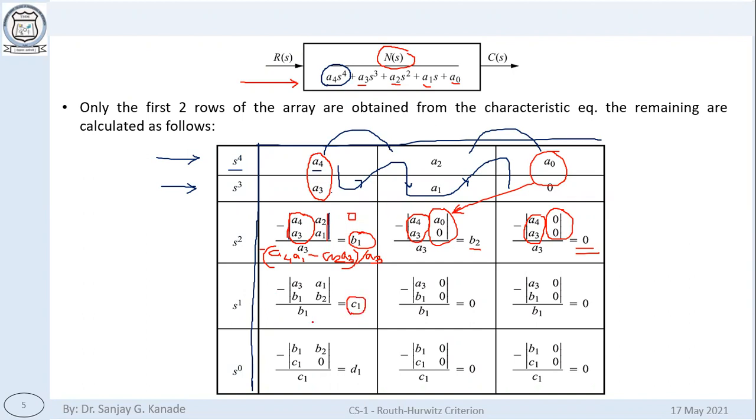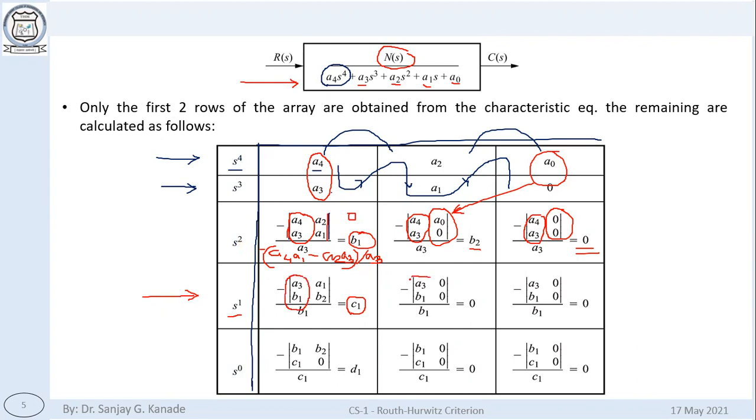So for C1, you take just the next above two rows. For calculating any row, you have to consider only the above two rows, just two rows above that particular row. So here, for calculating the S1 row, we have to take the S3, S2 rows. So what are the values? S3 has A3 and S2 has B1. So A3, B1. Just take a look at this.